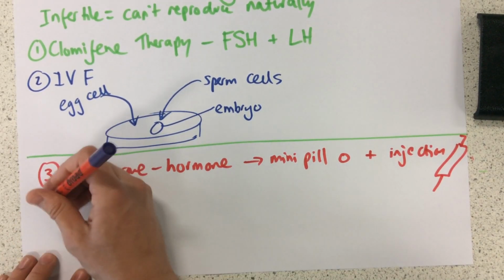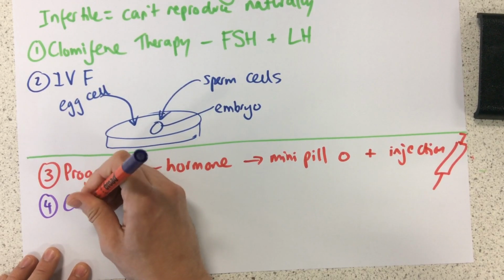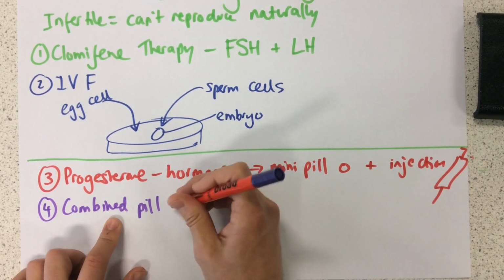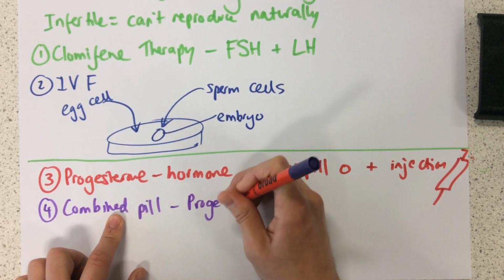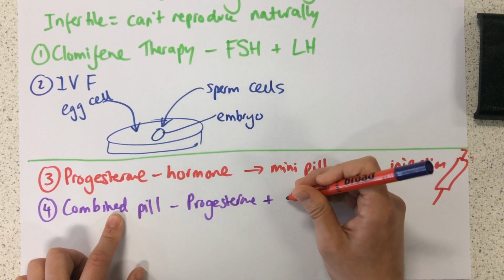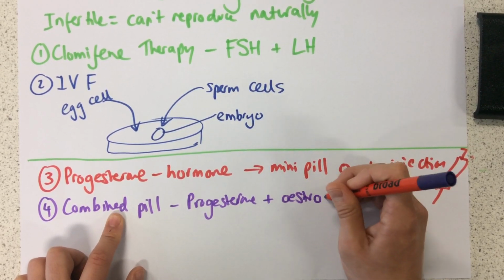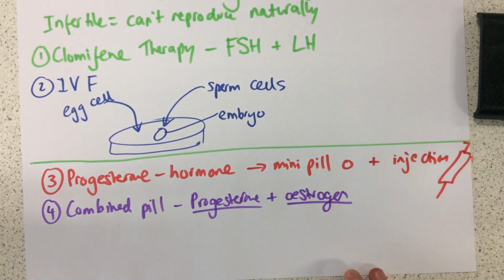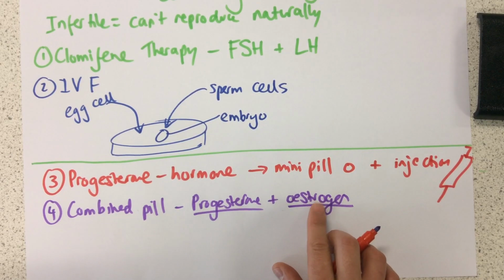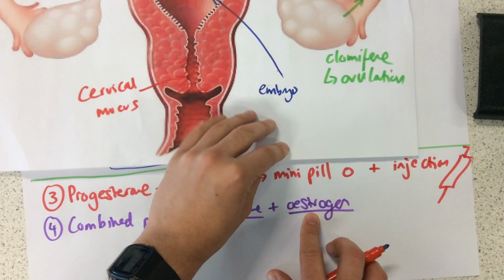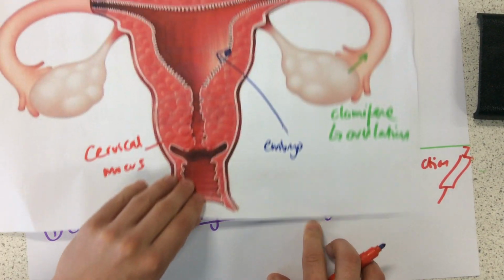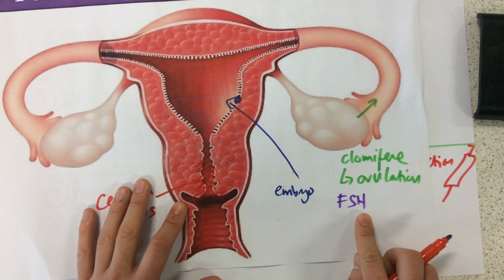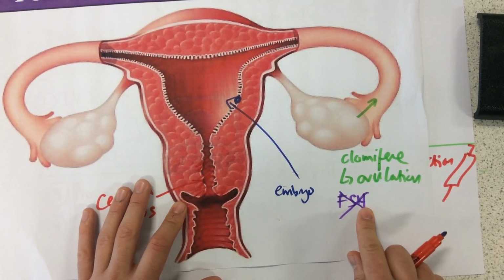Another hormonal method is called the combined pill. The combined pill contains progesterone, but it also contains estrogen. These are both hormones that can be used in contraception. If we've constantly got high estrogen concentration, it means that FSH production is inhibited, so it's actually stopped.